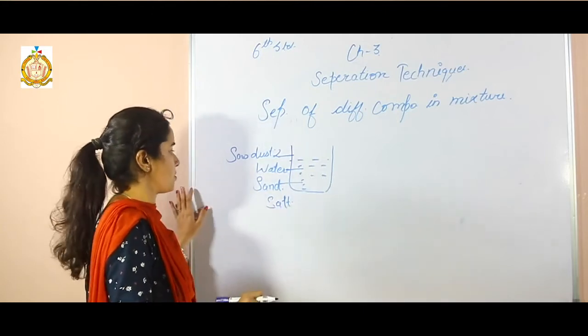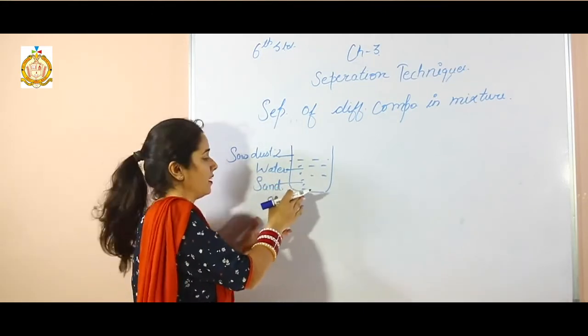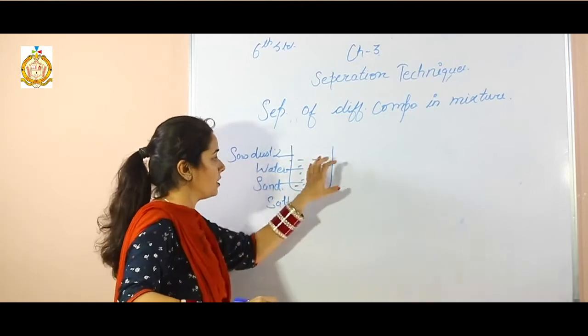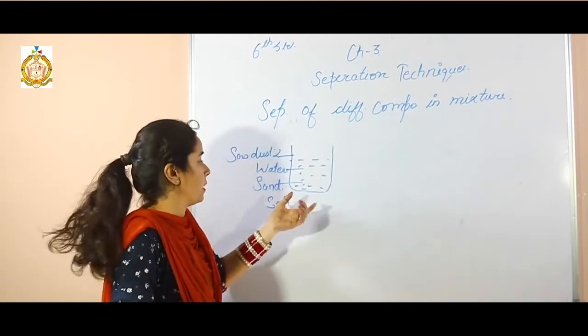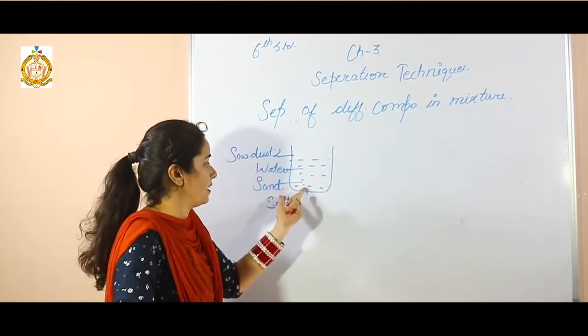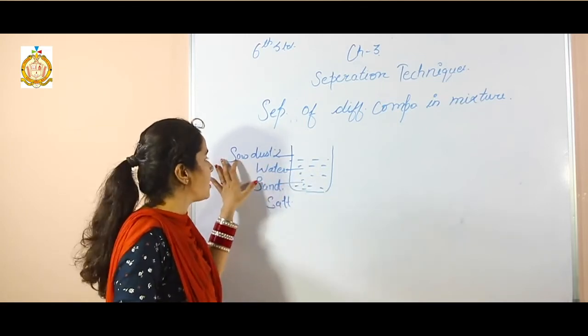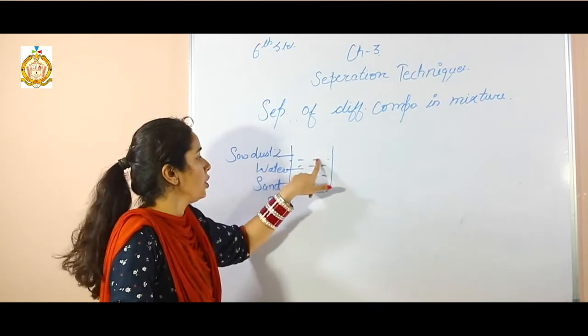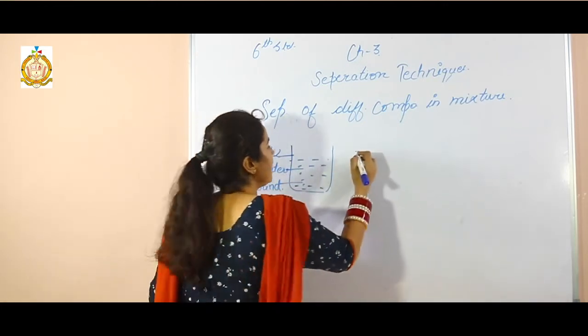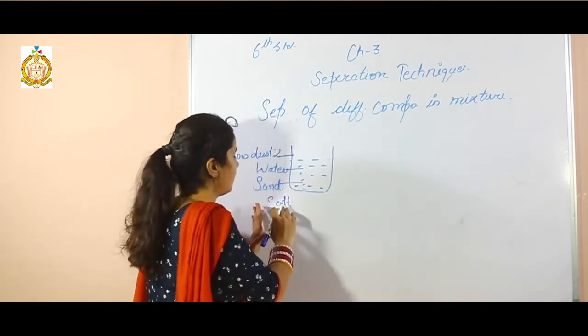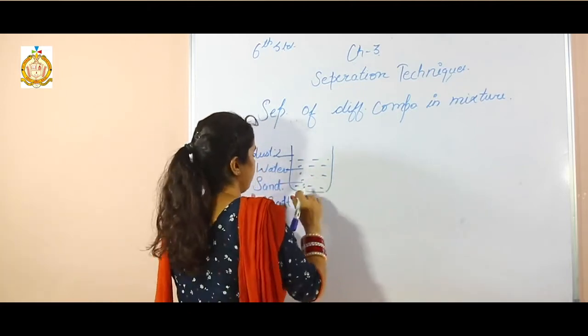So what is the process? First of all, when we allow this mixture to stand for some time, sand settles down, salt is dissolved in water, and sawdust is floating on the top. Then what do we do? Filtration.